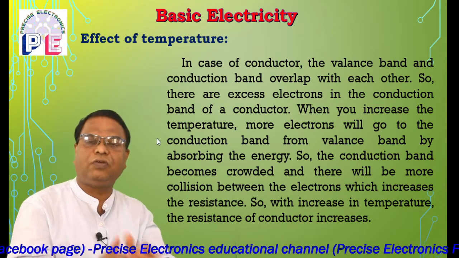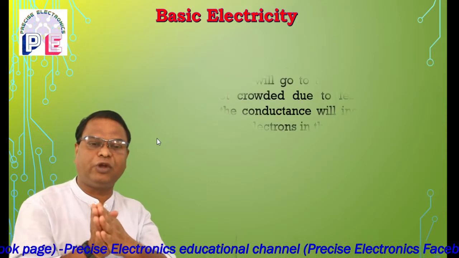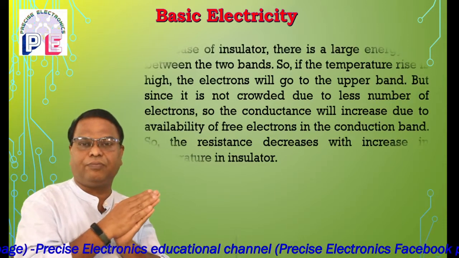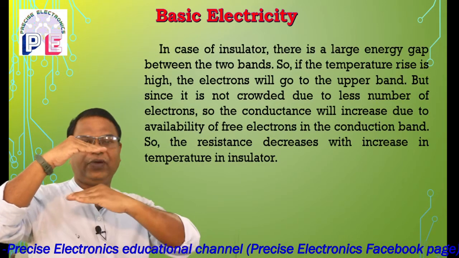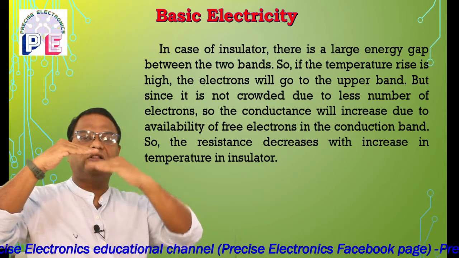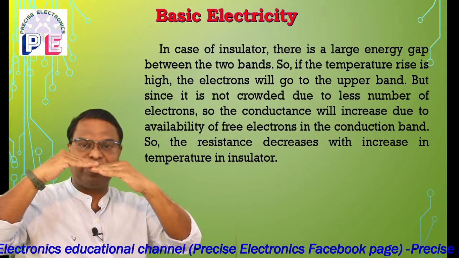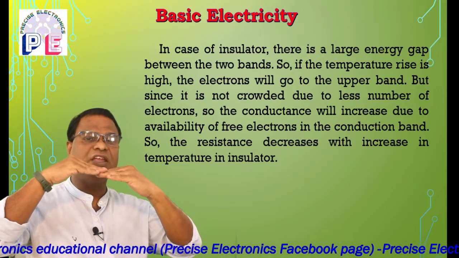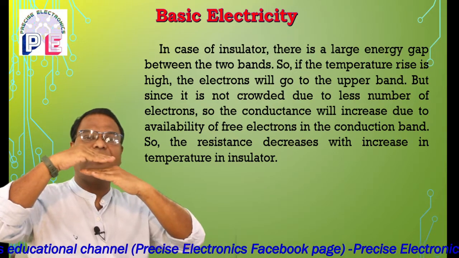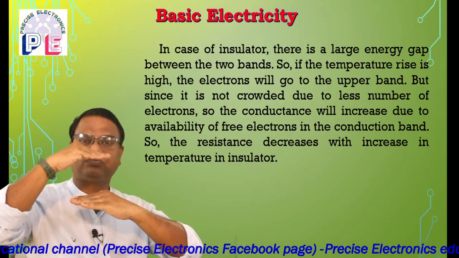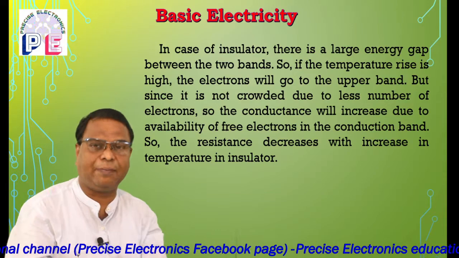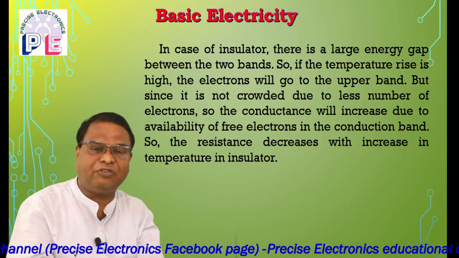Now in case of an insulator, there is a large energy gap. This is the conduction band, this is the valence band. In case of a conductor, the conduction and valence bands overlap. In case of a semiconductor, the band gap is very low, but in case of an insulator, there is a wide band gap between the conduction band and valence band.